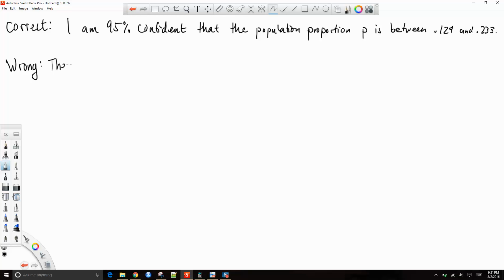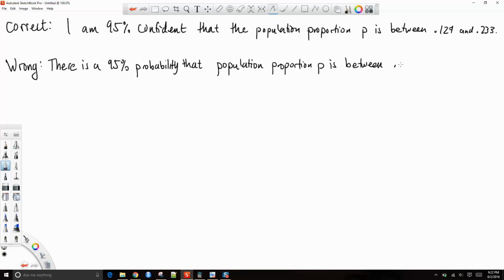It is wrong to say there is a 95% probability that P, the population proportion P, is between 0.127 and 0.233.